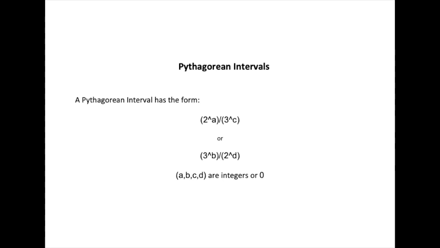A Pythagorean interval has the form 2 to the power of A over 3 to the power of C, or 3 to the power of B over 2 to the power of D, where A, B, C, D are integers or 0.